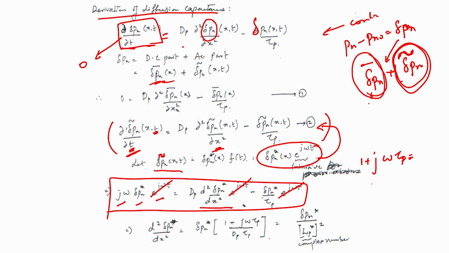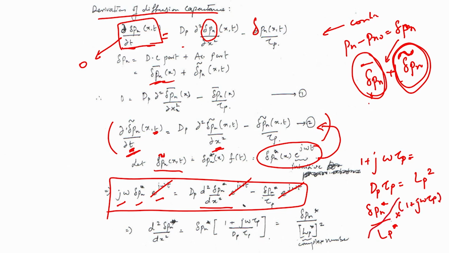Dp tau p is nothing but your Lp square. So what you have here is delta Pn star by Lp square into this complex number 1 plus j omega tau p.